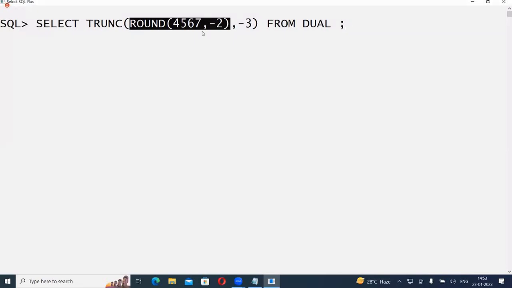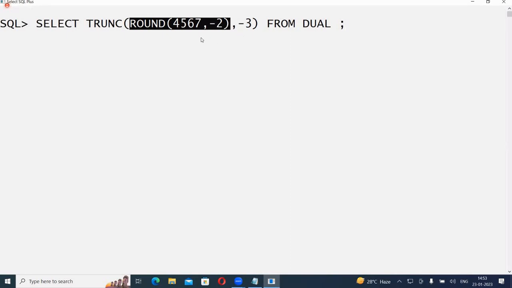So the output of the round function is the input to the trunc function. Trunc of 4,600 with minus 3 gives 4,000.